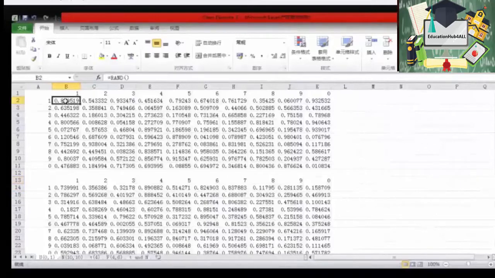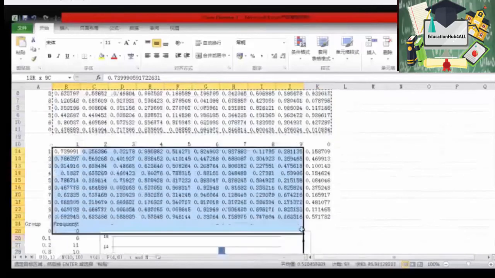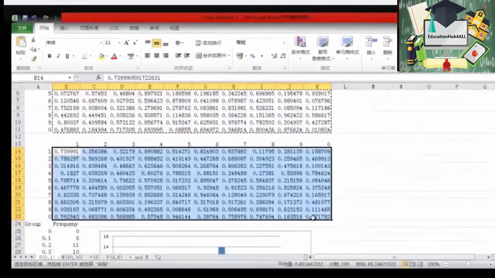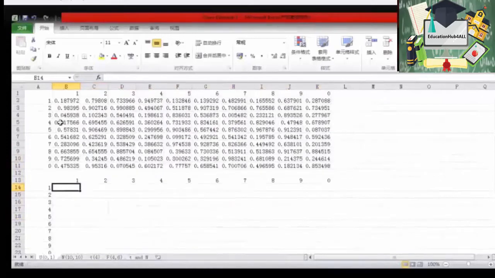So how can we fix this? Sometimes once we generate the random number, we don't want it to change again. So when you do that, you do Control C, and we fix the values here by copy and paste.